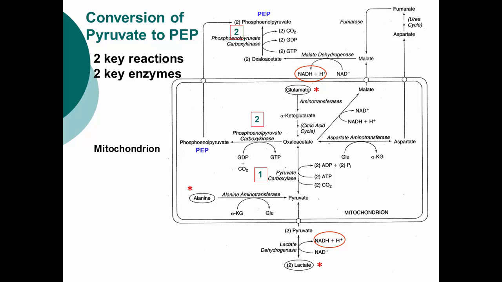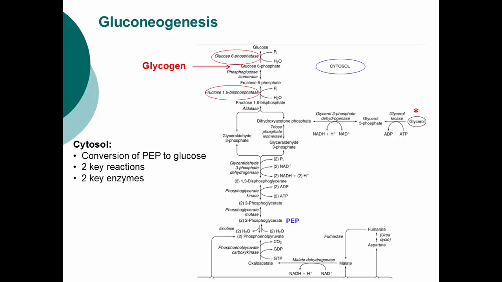Does that make sense? And phosphoenolpyruvate, once it's made in the mitochondria, then goes out of the mitochondria into the cytosol. So in the cytosol, then PEP, phosphoenolpyruvate can be made.